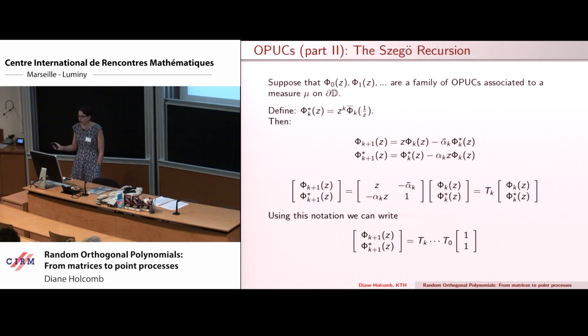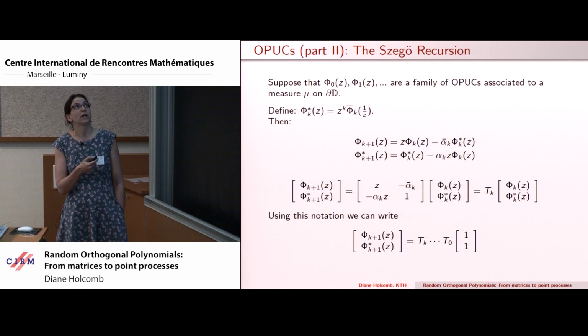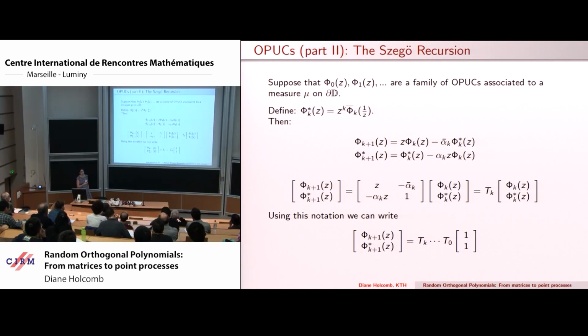Okay, but let's just do the Szegő recursion for a second. I said there's this family of orthogonal polynomials, and these alpha k's somehow can be used to build the orthogonal polynomials. So what do you do? Here's our family of orthogonal polynomials. To build this recurrence, we actually need one extra polynomial. We're going to call this the reversed polynomial, or phi k star.